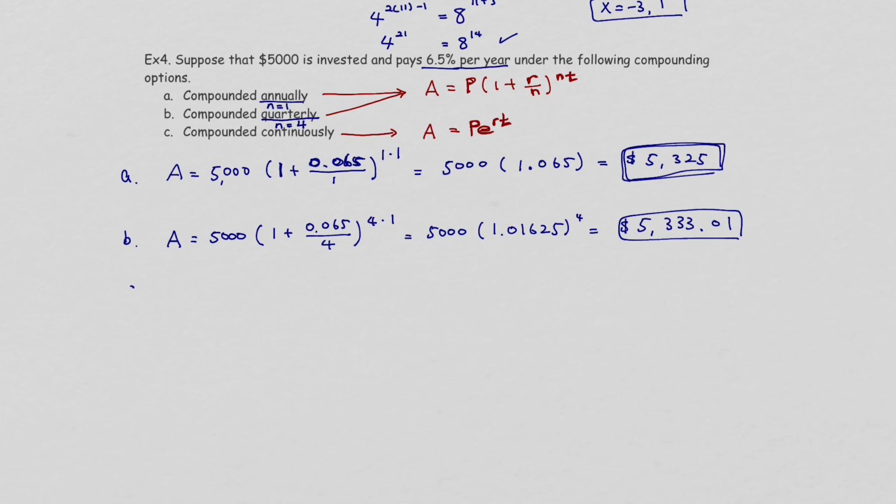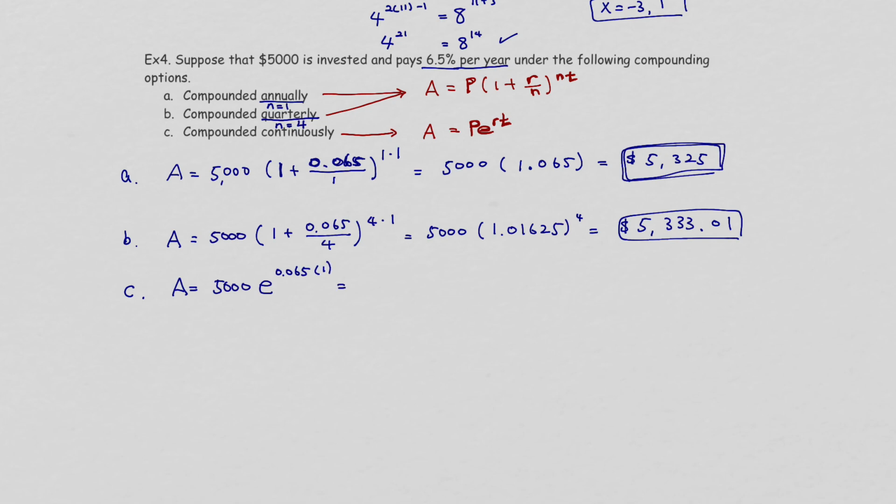Let's look at C. It's asking compounding continuously. So when you plug that into the given formula, it will be P, principal, times e to the r, rate, times t, which is 1.